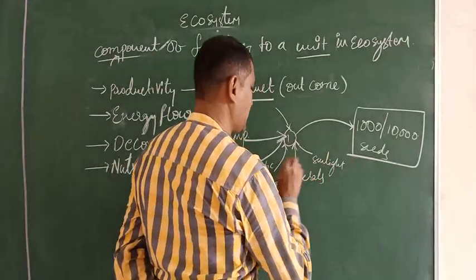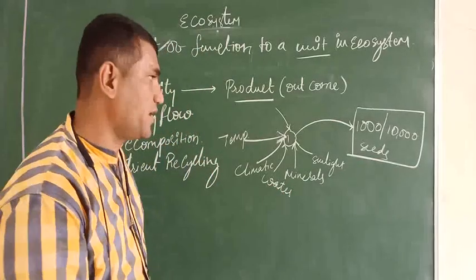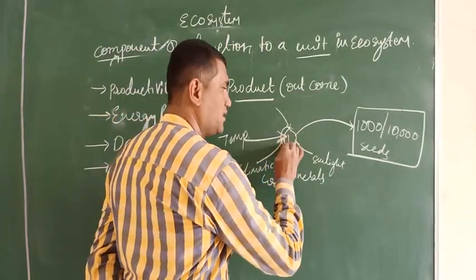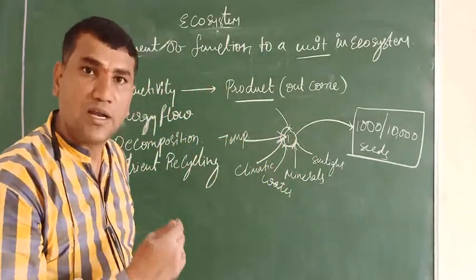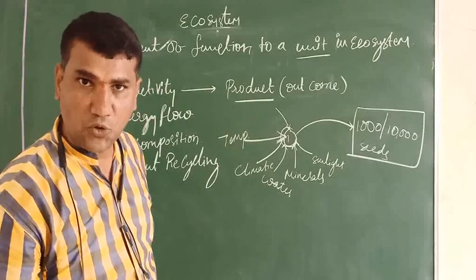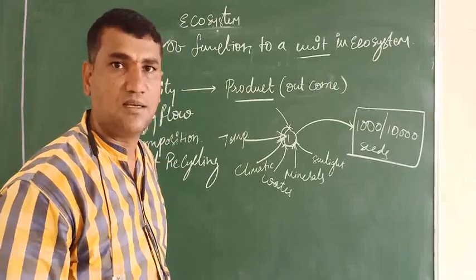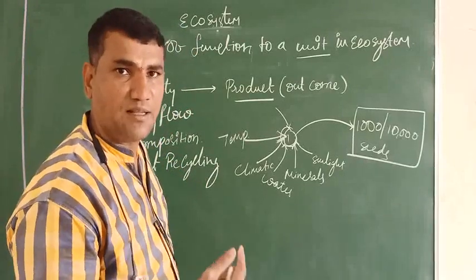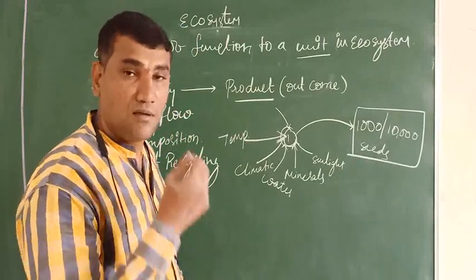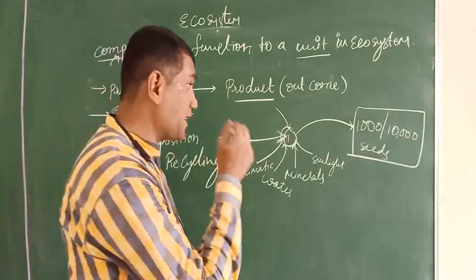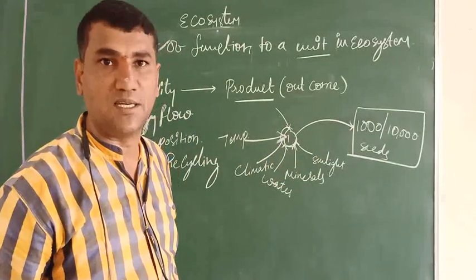So with all these structural components included, this one seed grows, develops, undergoes photosynthesis and forms 1000 seeds. Means it has productivity. So the productivity of one seed, 2000 seeds.